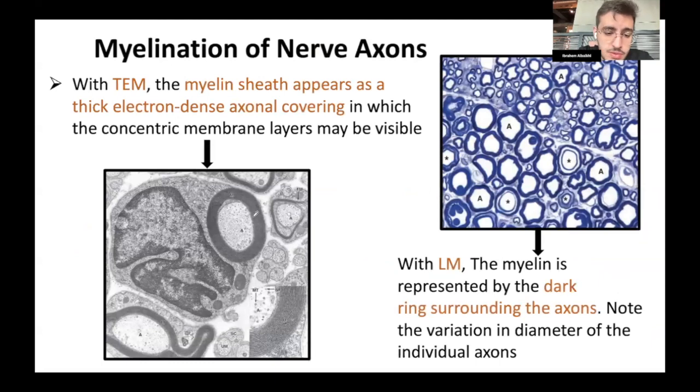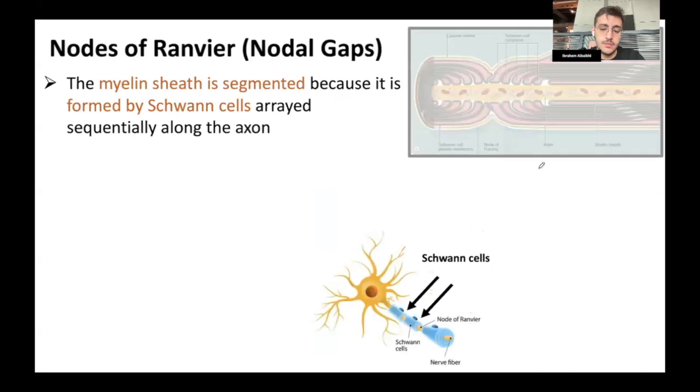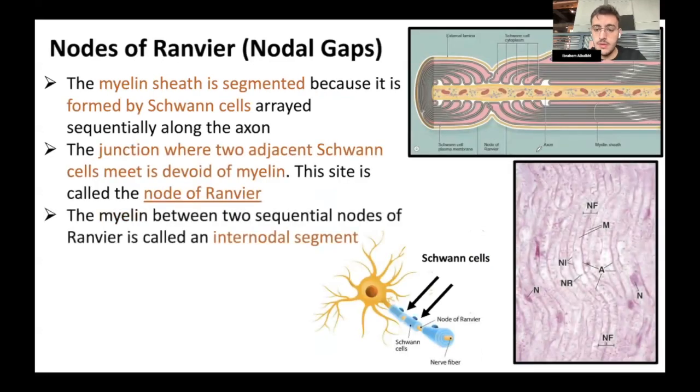You can visualize it using an electron microscope. As you can see, these are the different layers of the myelin wrapping, or using a normal light microscope, which shows it as a dense layer around the axon. This is the node here, and this is where the signal jumps for faster transmission.